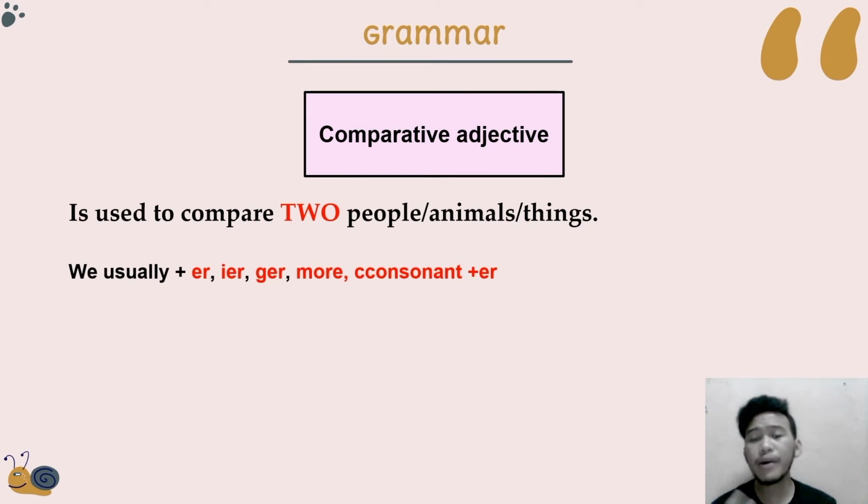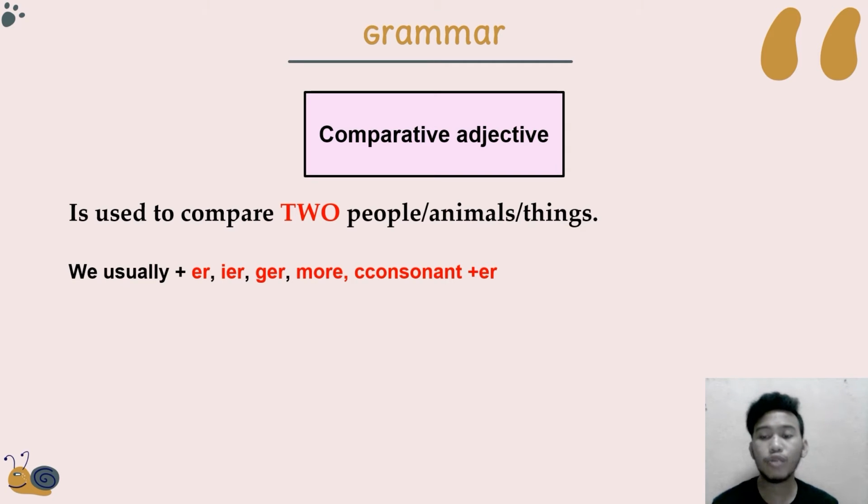So in comparative adjective, we usually add er, ier, more, and consonant plus er at the end of the words. For example, we have pretty, and if you want to make it more pretty, it will be prettier.